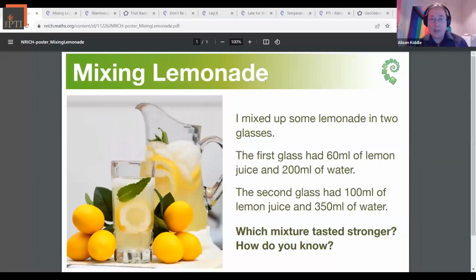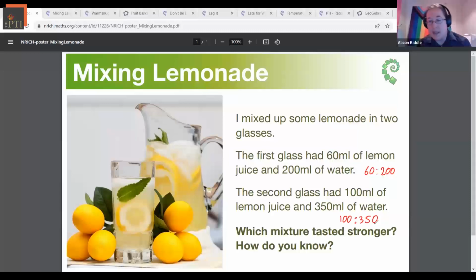So I'm just actually going to annotate the screen a little bit for this. I can write the first one as 60 to 200 and the second one as a ratio of 100 to 350. And the thing that makes it difficult to compare is that the two ratios are not out of the same amount at the moment.